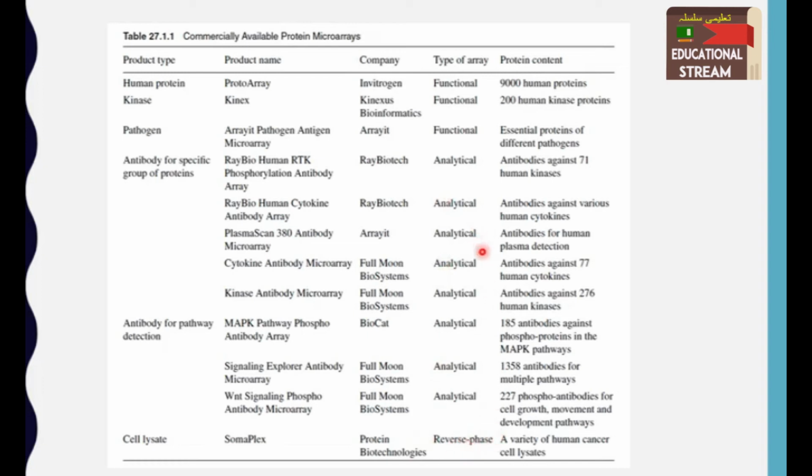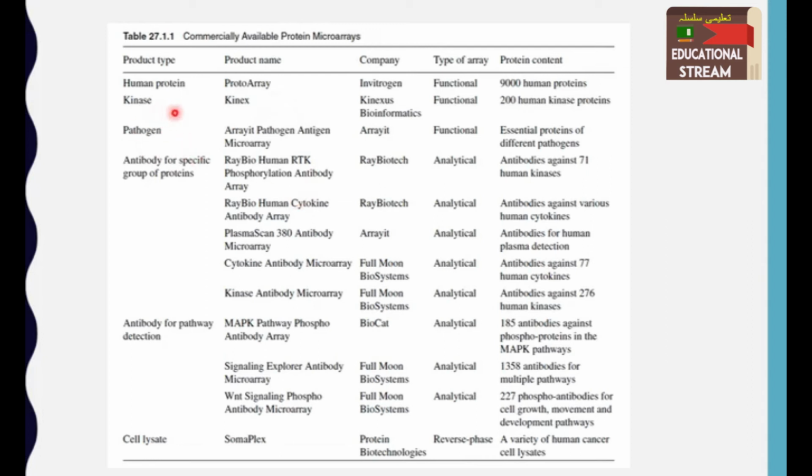While some companies provide high content protein microarray comprising hundreds of purified proteins or antibodies, most of them provide a specialized array platform for certain research purposes. For example, for the detection of human cytokines, phosphorylation events, and the study of certain pathogen host interactions.